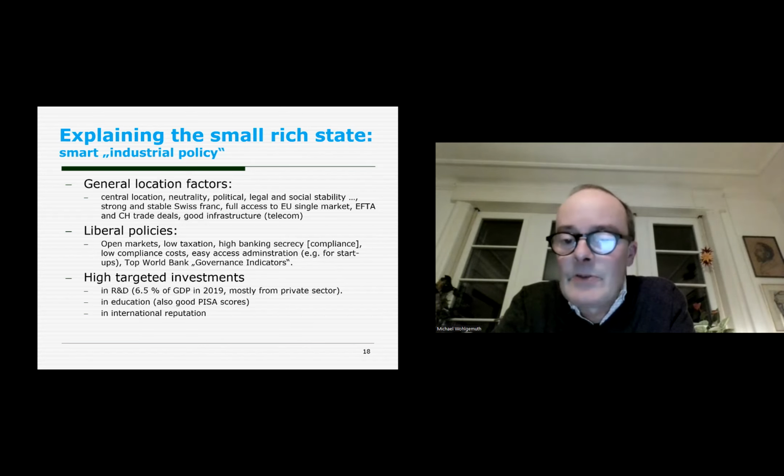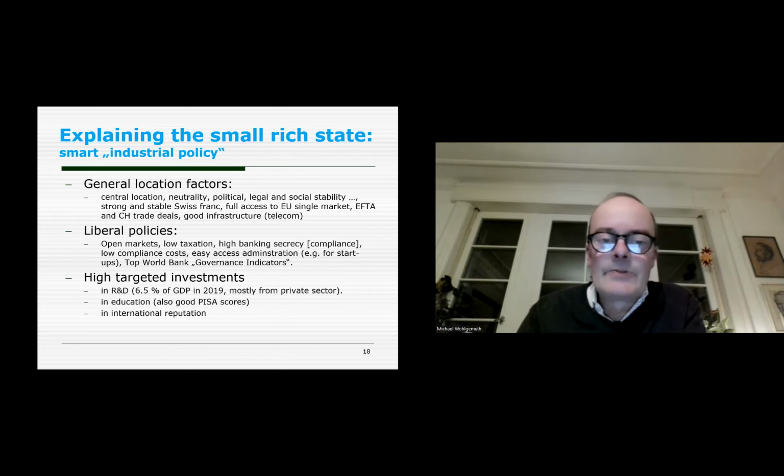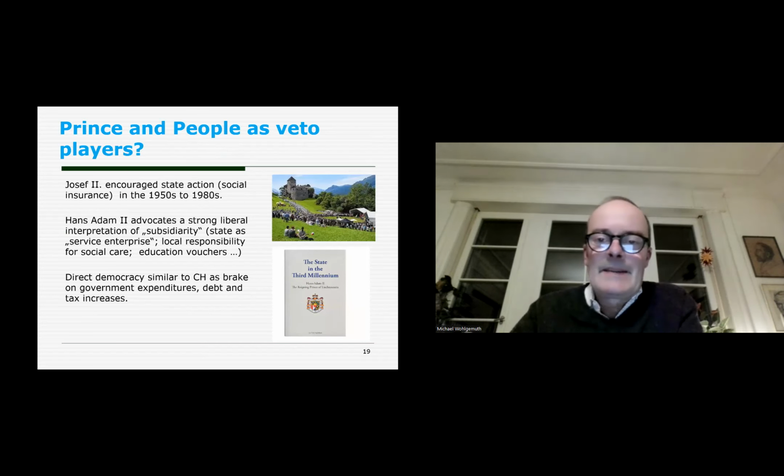And then again, mostly coming from the private sector. So this is a niche policy to get into these high research and development dependent sectors, and they also invest very heavily in education and also in their international reputation.